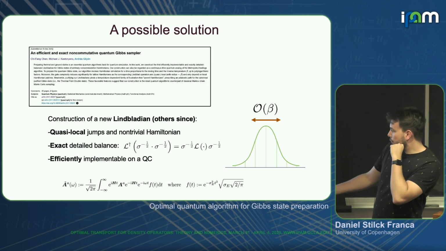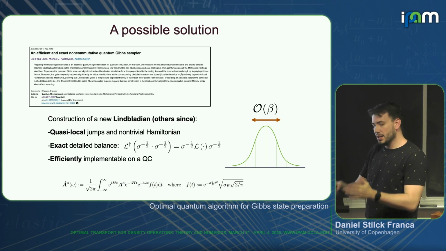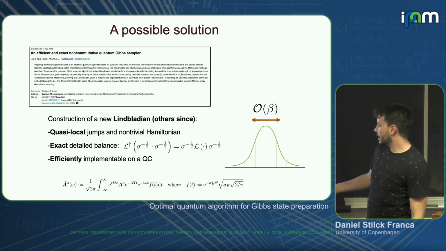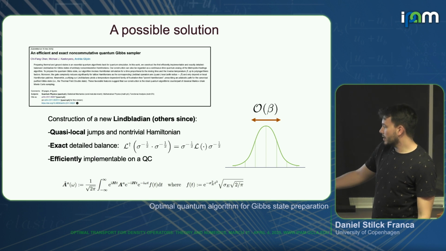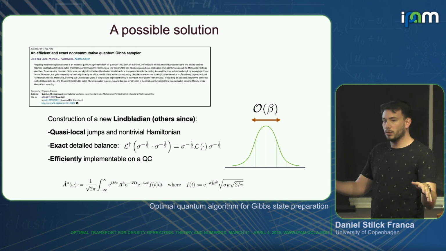So what's going on? For short times, this thing is going to be local, so we're fine because of Lieb-Robinson bounds. And for longer times, this thing over here is going to kill the contribution. And this is why you get quasi-local jumps.